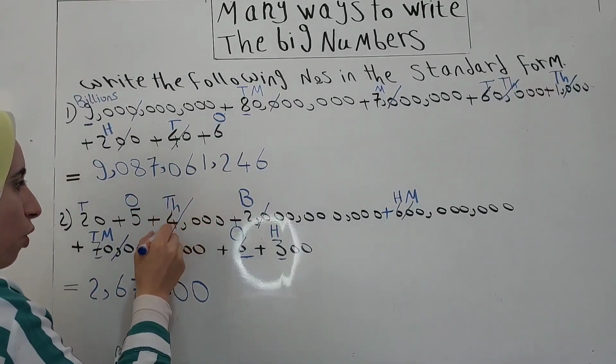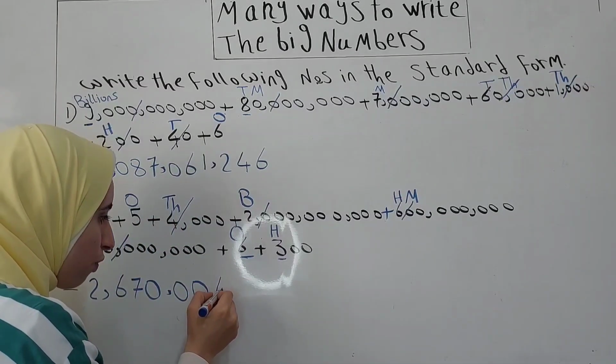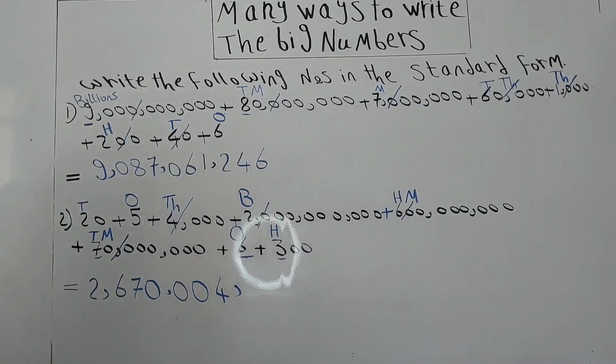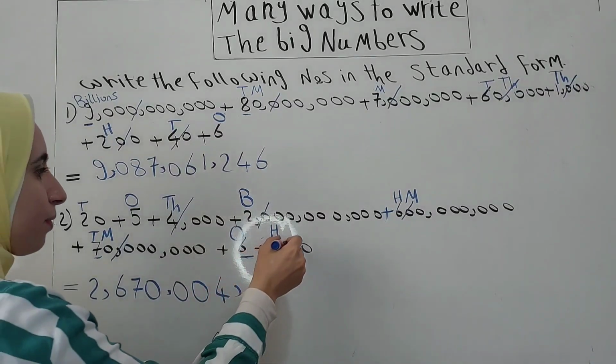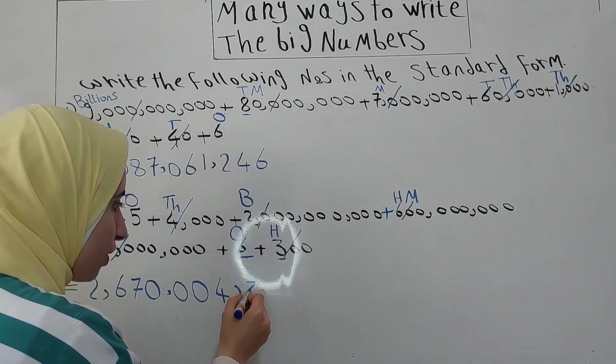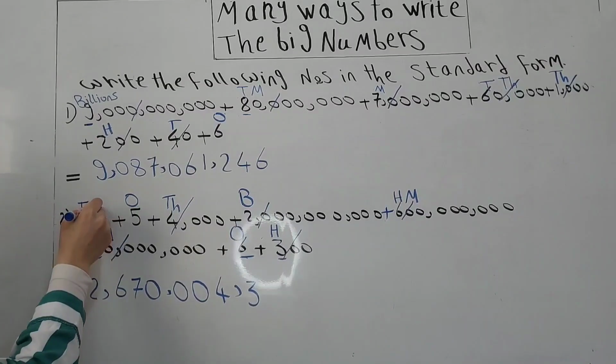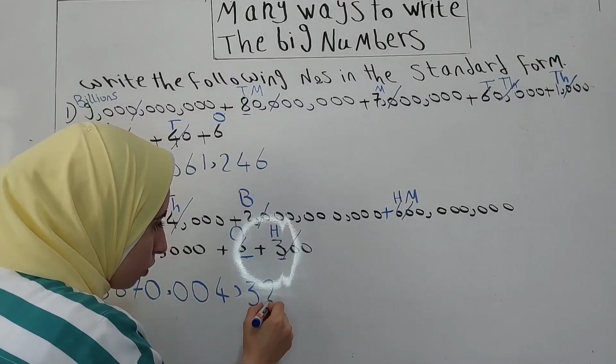We found 4, so we write 4. We finish this family, so we make commas. Then we go to the next higher place, hundreds. We found the digit 3, so we write 3. The next higher place is tens. We found 2, so we write 2.